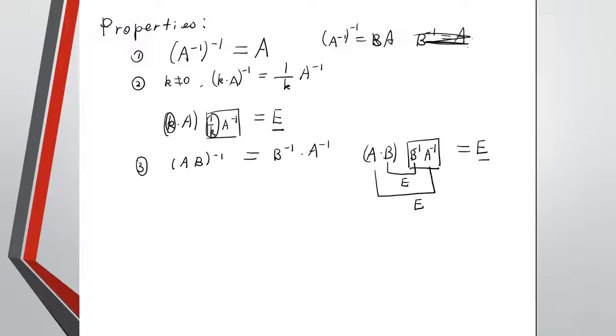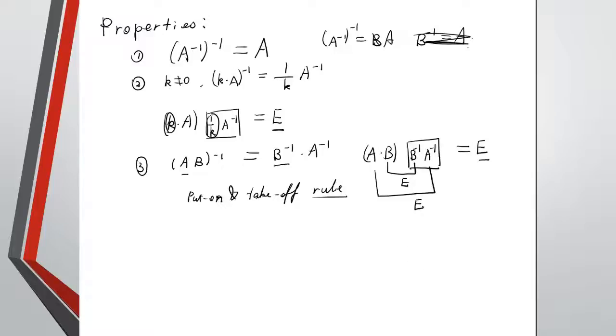Here you can see that we change the order. We have A on the left, but we have B inverse on the left here. Myself, this is something which can help you to remember: the put on, take off rule.